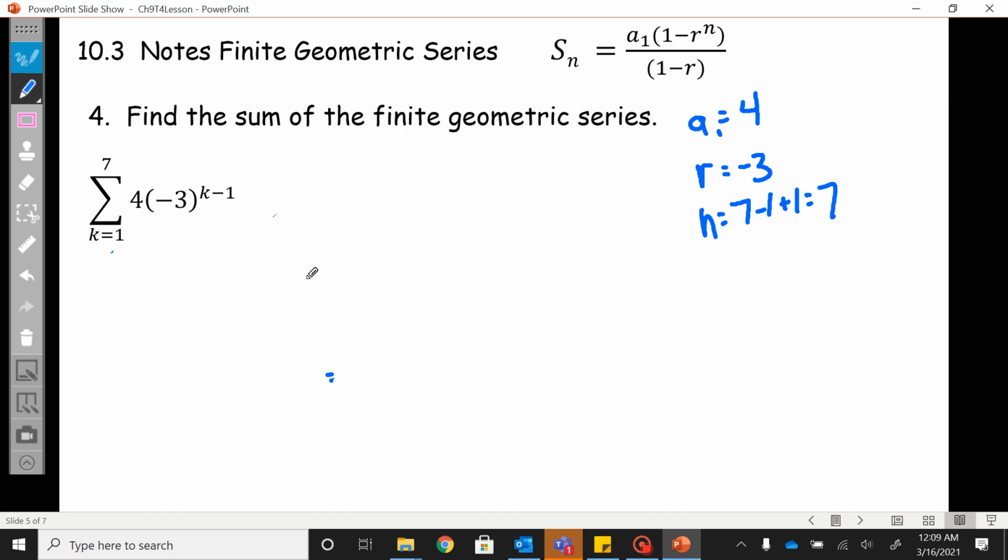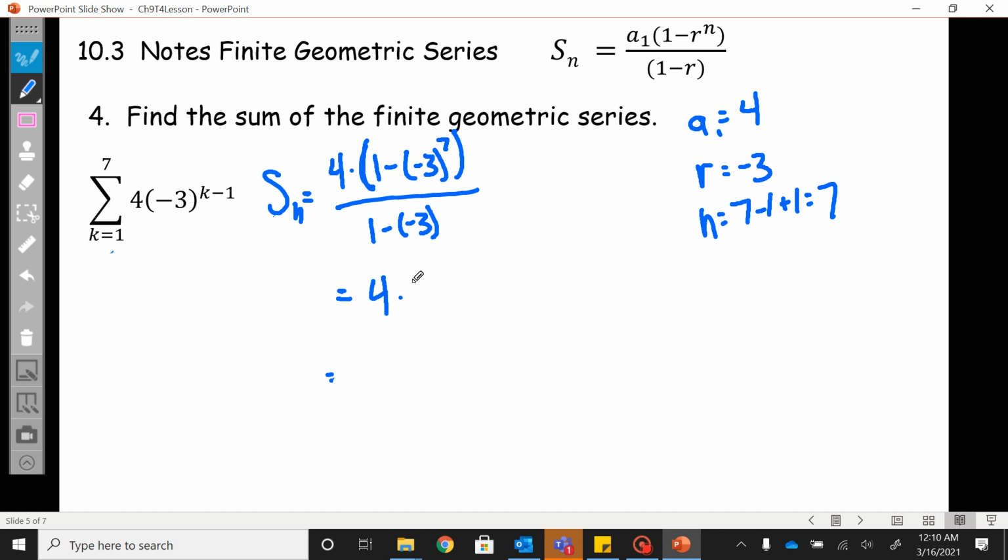Now that I have all of this, I can plug it into the formula. The sum of the series is the first term times 1 minus r to the n, so negative 3 to the 7th, over 1 minus r, so 1 minus negative 3.